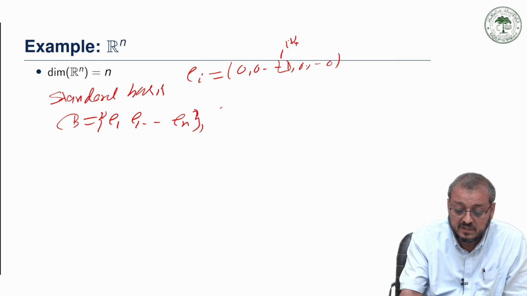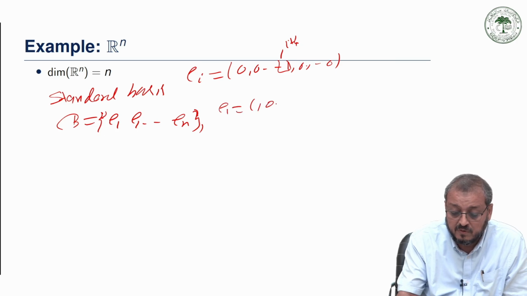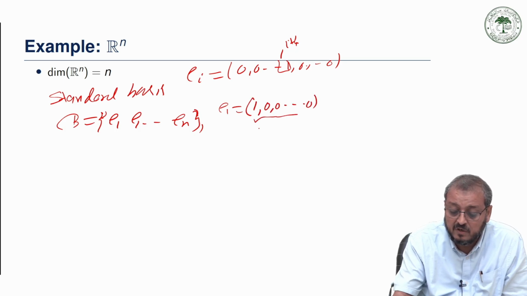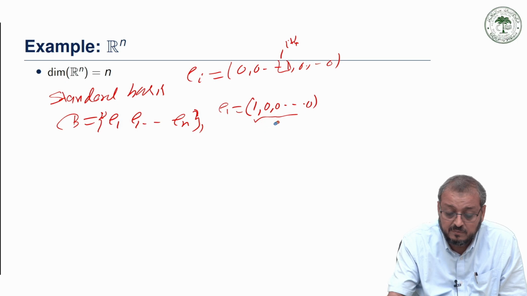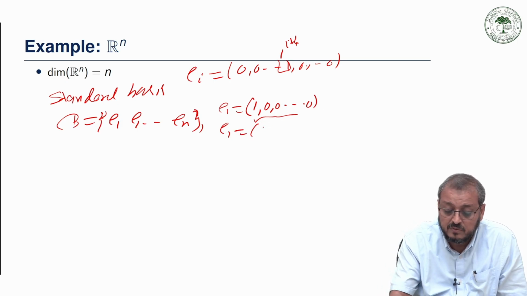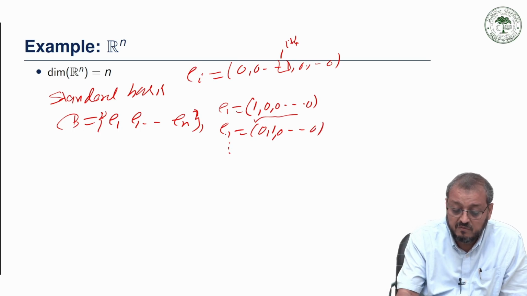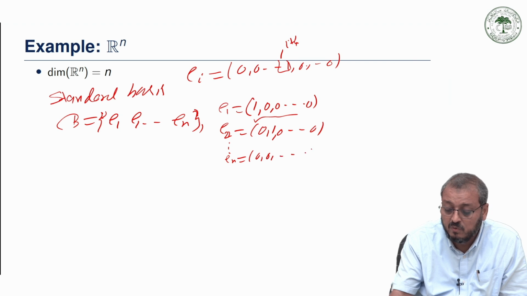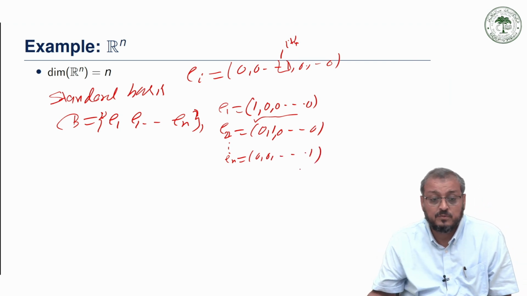So E1 is equal to (1, 0, 0, ..., 0), which has n elements. Similarly E2 is equal to (0, 1, 0, ..., 0), and in the same fashion En is equal to (0, 0, ..., 0, 1), with 1 in the nth position.